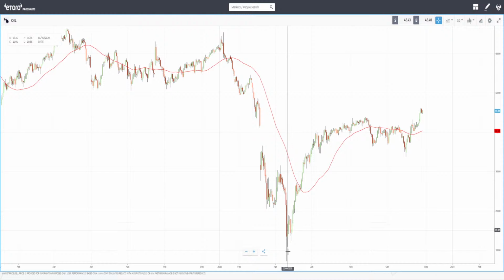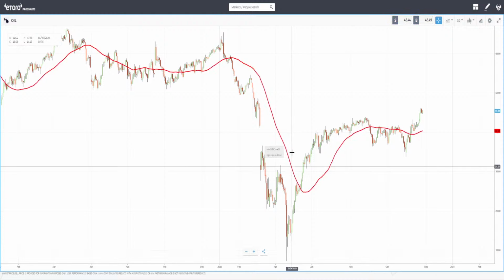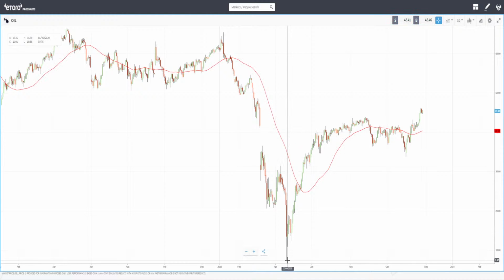And also here, the distance between the very bottom of 7.35 to the 50 moving average is also significant. And then you get this massive rally. And the reason why you get this massive rally is because you are so oversold. It is so cheap that people are just jumping at this and buying.